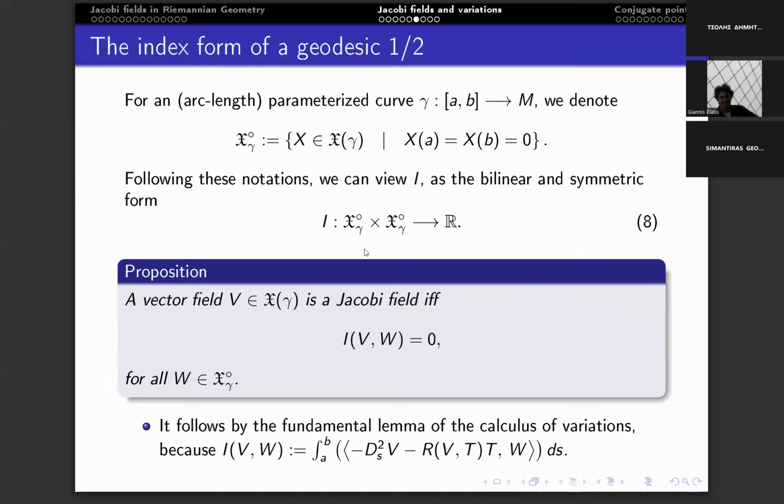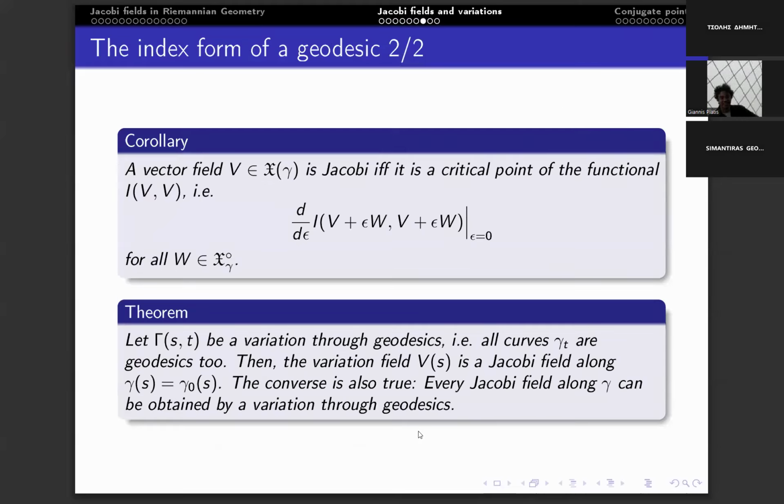A vector field is a Jacobi vector field if and only if the index vanishes for all W in this space, and it follows by the fundamental lemma of the calculus of variations and the definitions and the compatibility with the metric. Again, also after integrating by parts, we have this corollary here that a vector field is Jacobi, another equivalent condition, if it is a critical point of the index functional here.